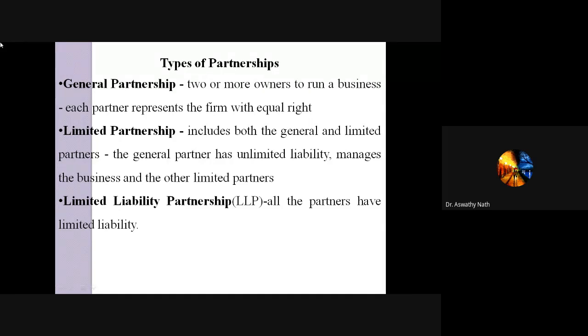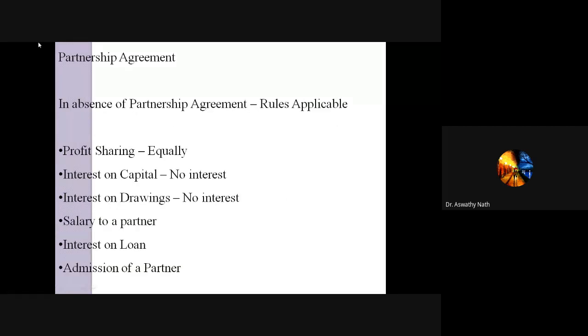It's not like a limited partnership and not like a general partnership, but there is a similarity with limited liability companies. For LLPs, all the partners have limited liability. So the common types of partnerships are general partnership, limited partnership, and limited liability partnership.